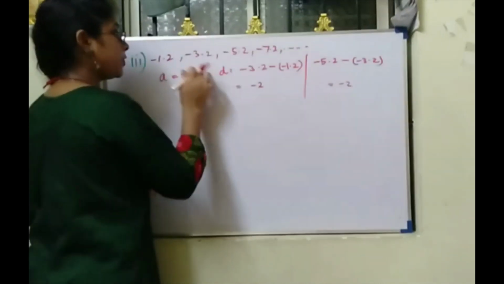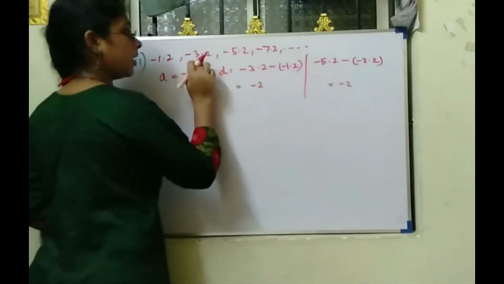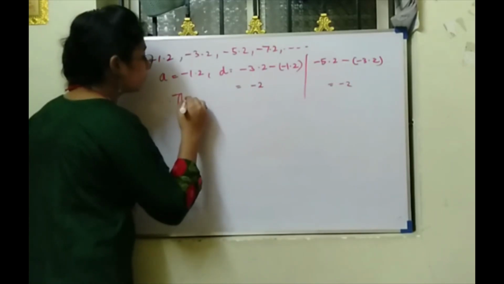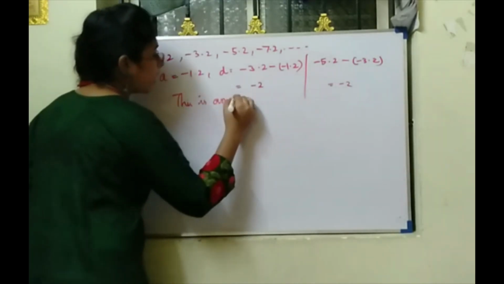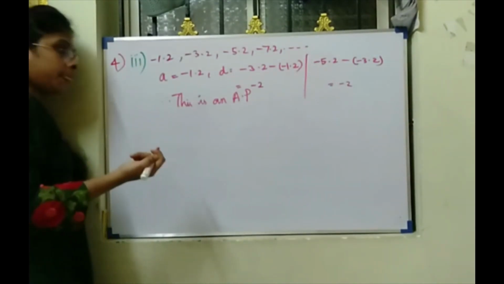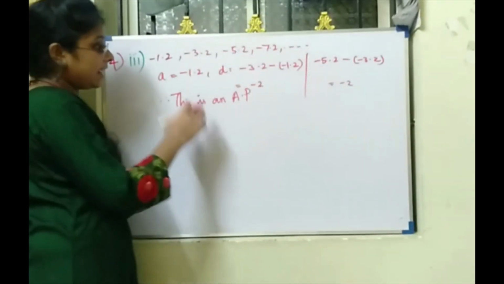The common difference for A2 minus A1 and A3 minus A2 is the same. So this is an AP. Therefore, we have to find the next three terms.